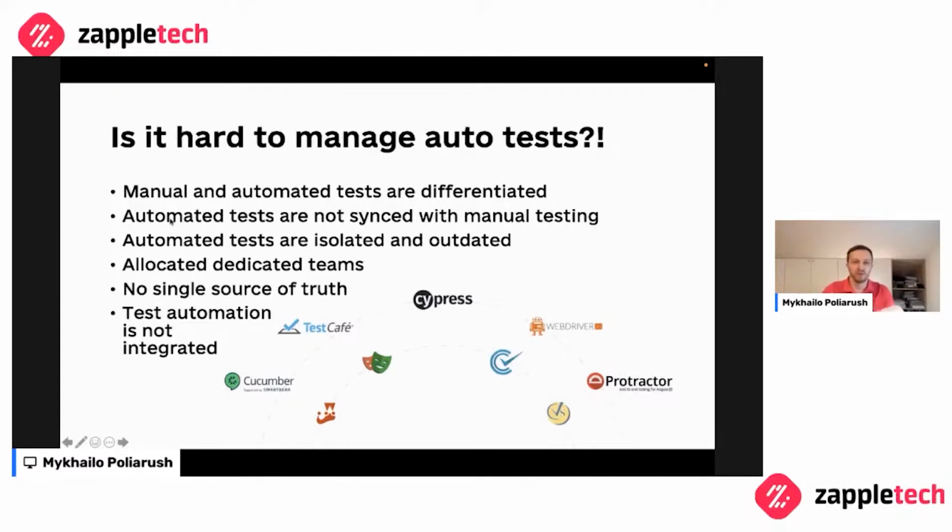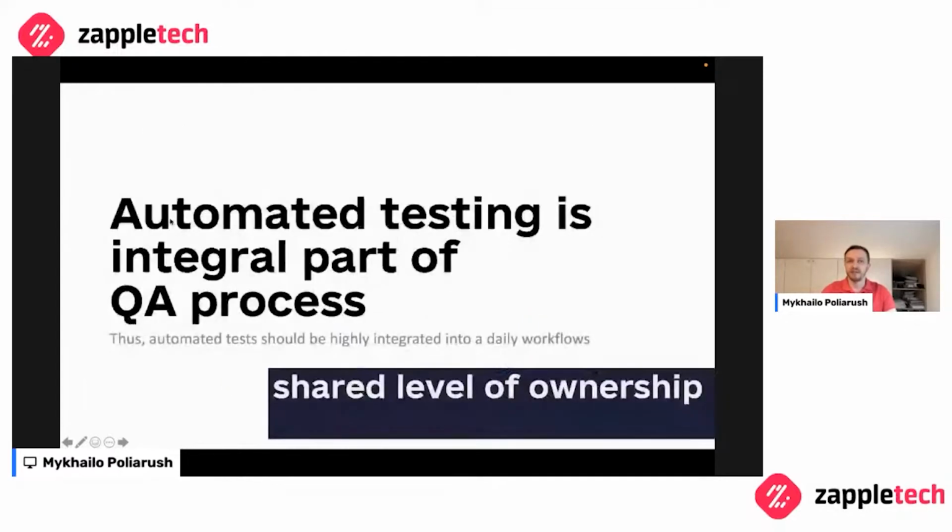Or some companies don't have a single source of truth, so they try to keep the information on both the manual testing side and the automated testing side, but some of it becomes outdated, and they don't try to update one of them. Also, pretty popular, I would say, is that test automation is not integrated well into processes.